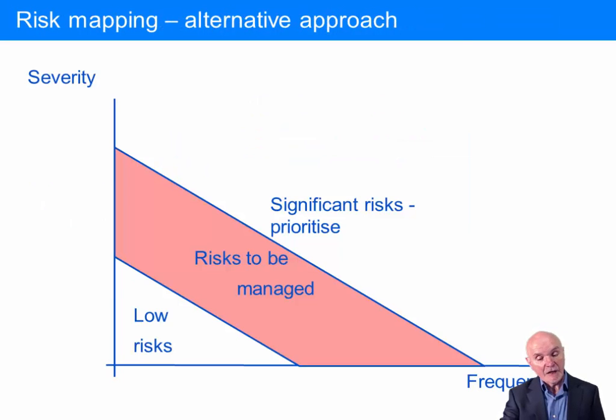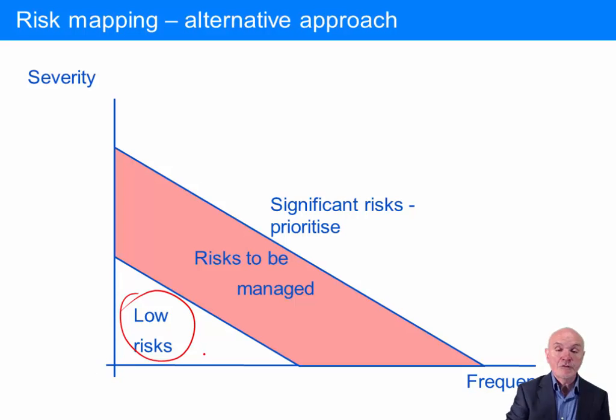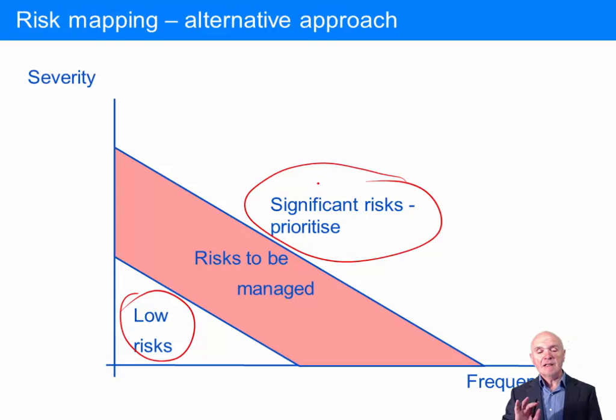Another way of setting out exactly the same sort of stuff is this here. This is not as common a form of risk map. But basically there are some pretty low risks down here, low severity, low frequency, and we're almost going to say we'll live with those. We can nearly ignore them. Out here, we have these very large risks, high probability, high severity.